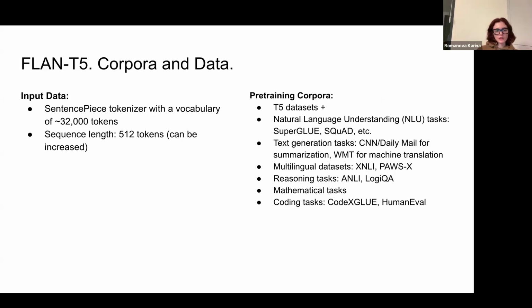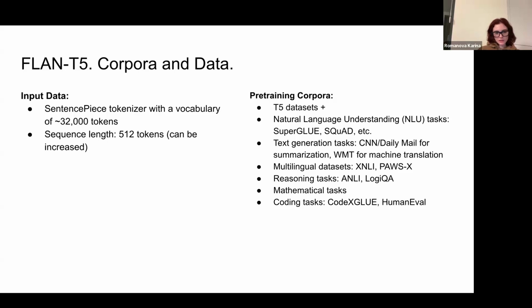Flan-T5 was trained on an expanded set of datasets covering natural language understanding tasks. Its datasets include SuperGLUE and SQuAD for question answering, and text generation tasks with datasets such as CNN/Daily Mail for summarization and WMT for machine translation.